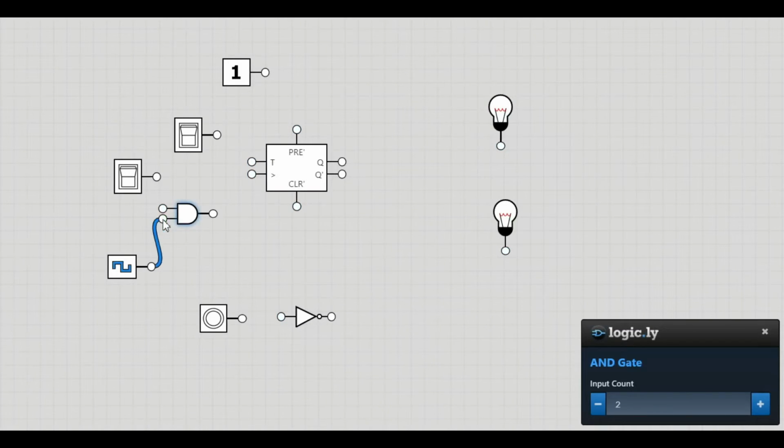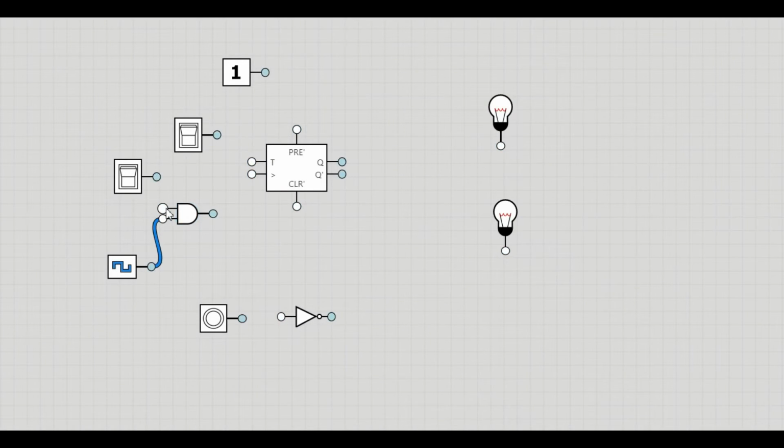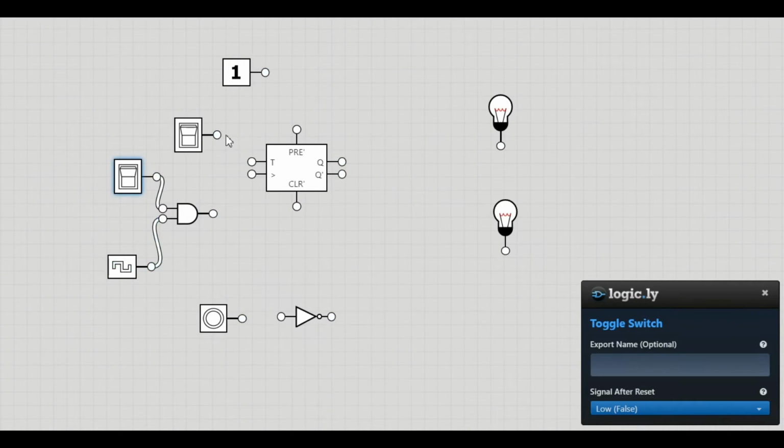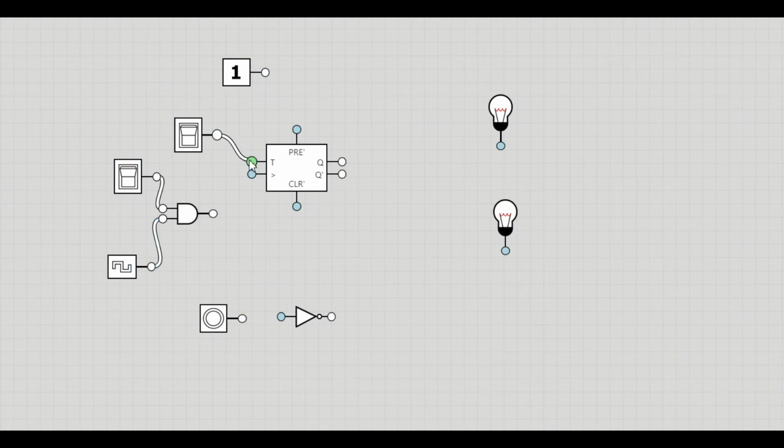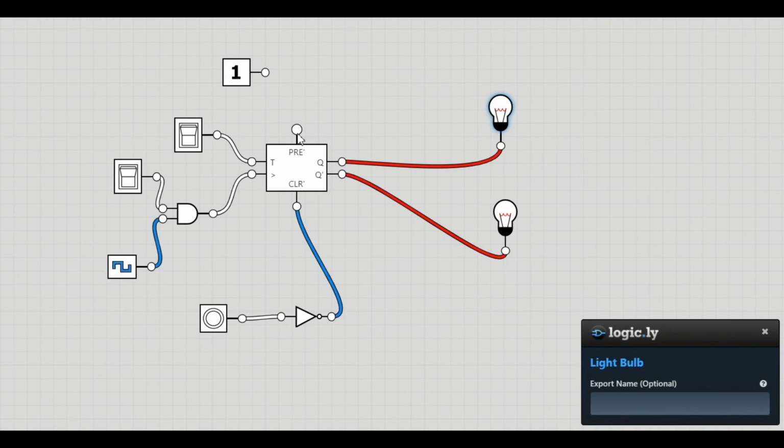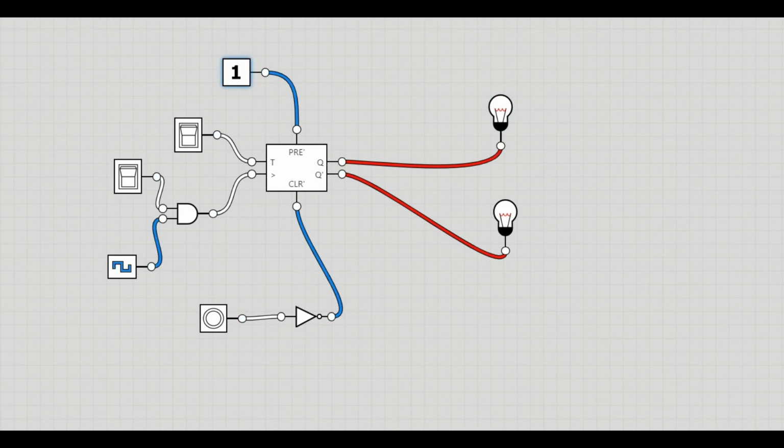T flip-flop. Writing the enabler, wiring the switch to the T, directing the AND output there, wiring this NOT output to CLR, wiring Q dash to the bulb and Q to the output bulb, connecting to the 1.